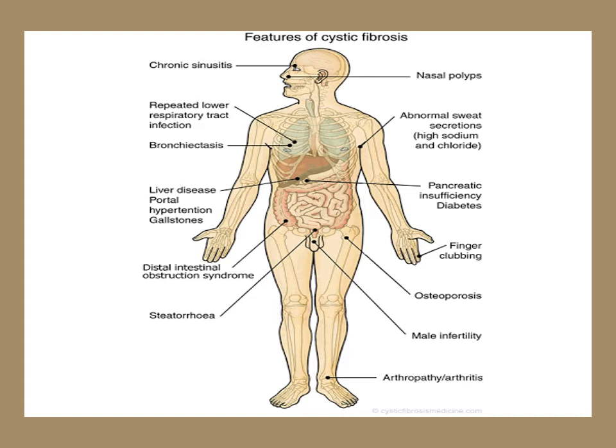Distal intestinal obstructions, purely because of all the thick mucus secretions in the intestine that can lead to a blockage of the tube. Okay. Liver disease, we spoke about because, again, of all the thick secretions in the liver tubules. Bronchiectasis is just a term for chronic destruction of the bronchial tubes with excessive mucus production and a chronic cough.